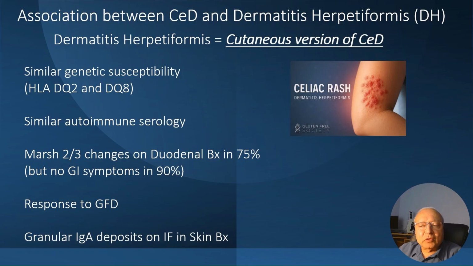And the diagnostic method is a granular IgA deposits in the skin done by immunofluorescence. This is a picture from Gluten-Free Society that shows the Dermatitis Herpetiformis, and it is sometimes described as a celiac rash.